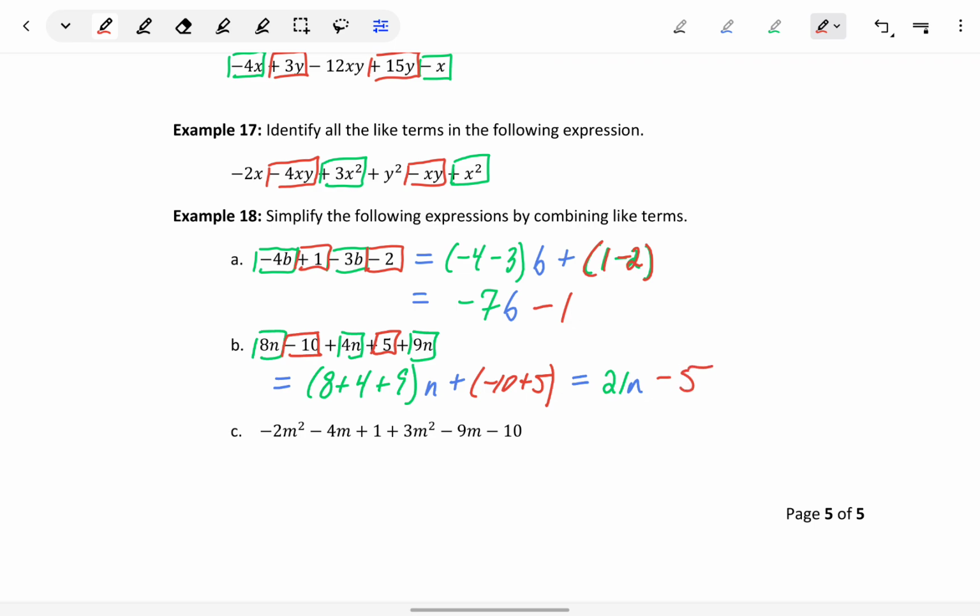In part C, now we have a slightly different problem because now what we have are some terms with an m and some terms with an m squared. Our m squared terms are like terms. We can combine those. Negative 2 plus 3 will leave us with positive 1 m squared.